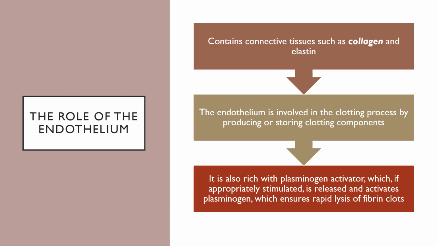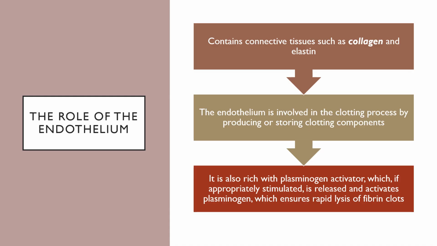It's also rich with plasminogen activators. We haven't talked much about plasminogen or plasminogen activators, but plasminogen activator is going to activate the primary fibrinolytic regulator. It will activate plasminogen to plasmin, and plasmin will help regulate the amount of fibrinogen and fibrin that is circulating and keep us from being hypercoagulable.